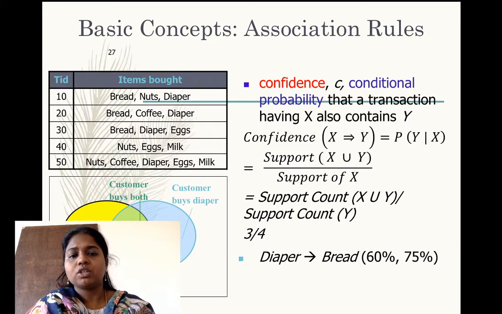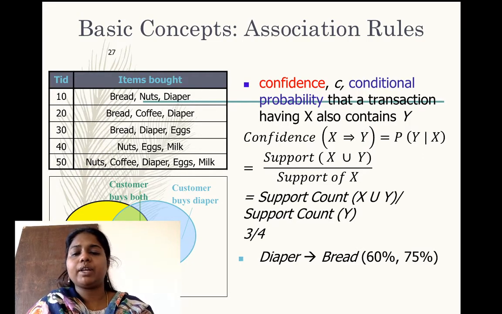Do you understand? So 4 indicates the total number of transactions in which diaper is present, and 3 is the number of transactions in which bread is also purchased along with diaper. So the confidence of that is 75%. Now do you understand the value of support and confidence?